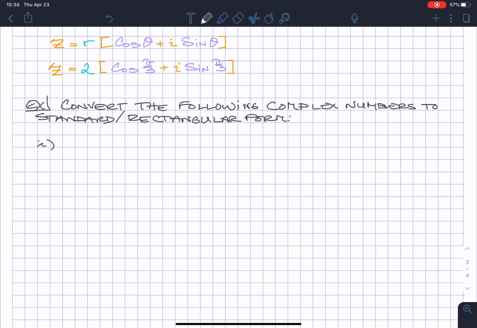Okay, so number 1, let's say I give you that z is equal to 3 times the quantity cosine of 2 pi over 3 plus I times sine of 2 pi over 3.